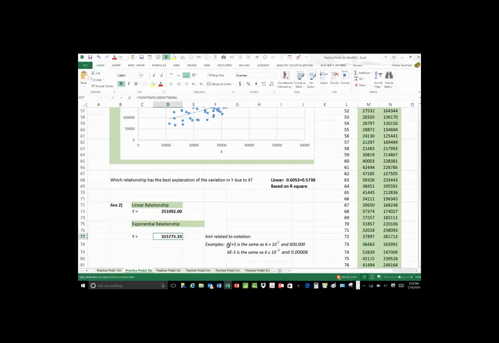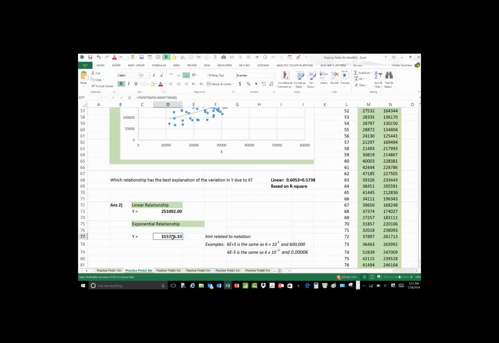Anytime you have a constant followed by E+5, what that really is saying is that you're going to take your number and put 5 zeros after it. If it's a negative value, E-5, you're going to move the decimal point 5 positions to the left. So this becomes a very small number.